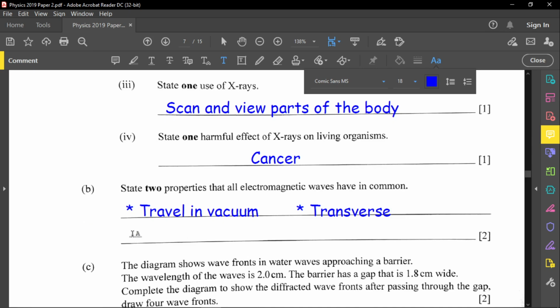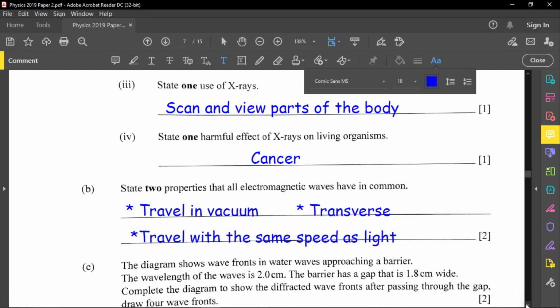And I'll give you one more, that they travel at the speed of light, with the same speed as light. Okay. All right, so great. So those are 3 properties right there.